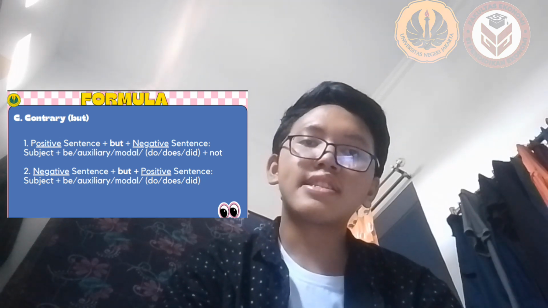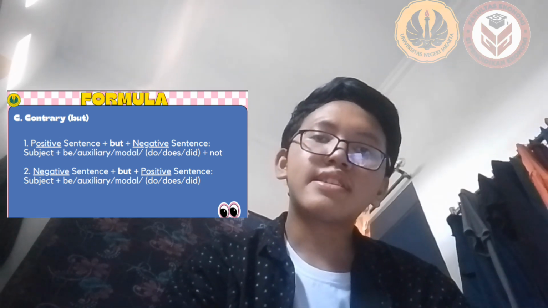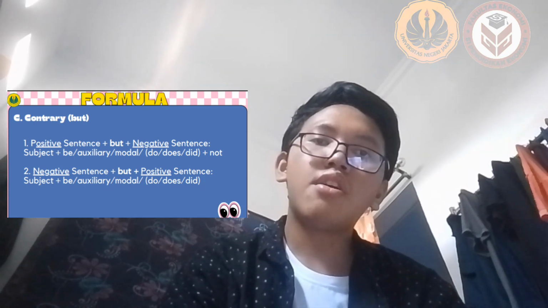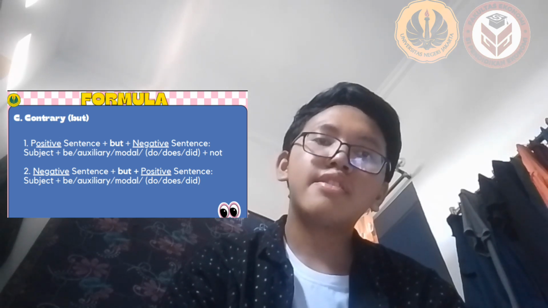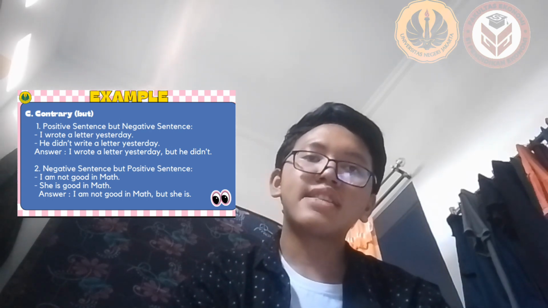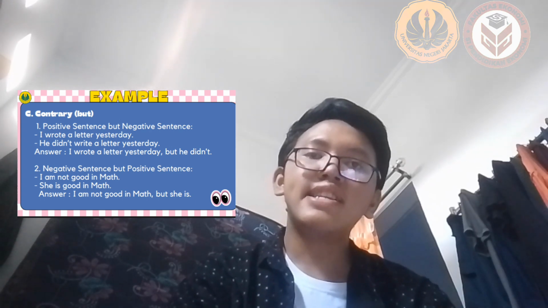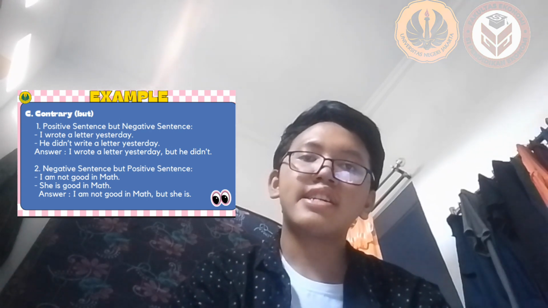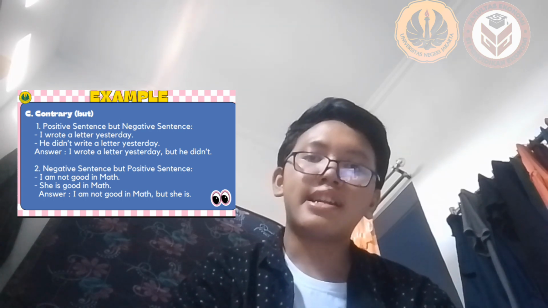The negative sentence but positive sentence: subject, be, auxiliary or modal, or do, does, did. Example: positive sentence but negative sentence. I wrote a letter yesterday. He didn't write a letter yesterday. The answer is: I wrote a letter yesterday, but he didn't.